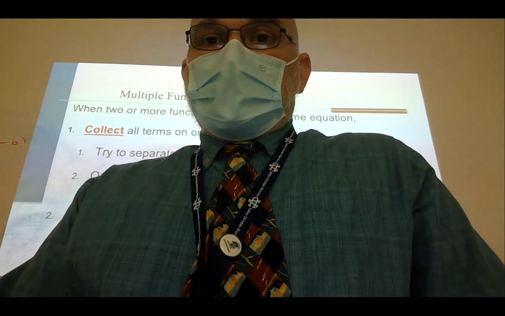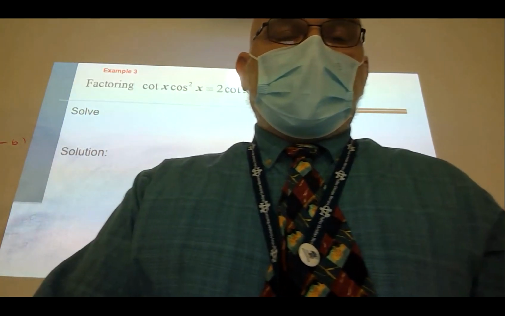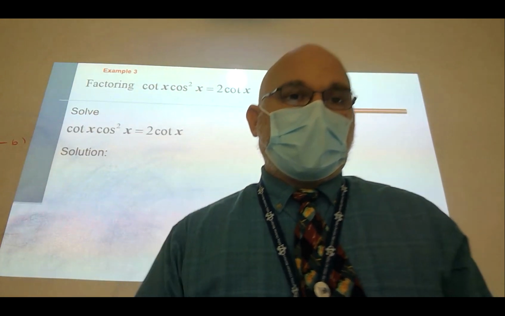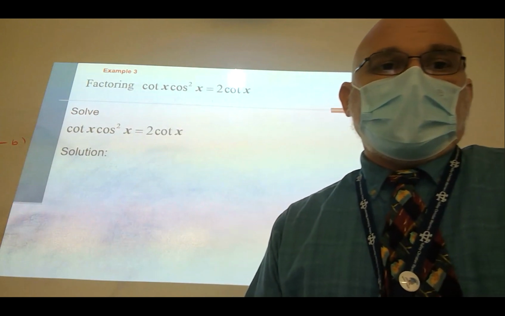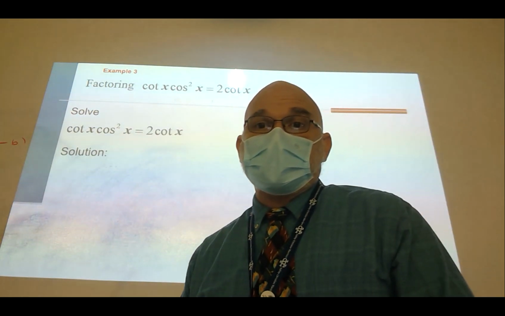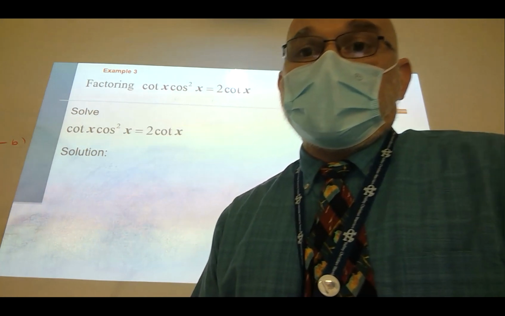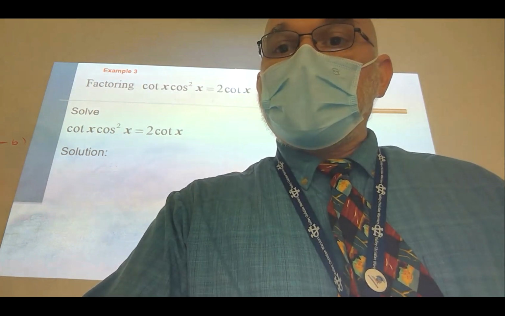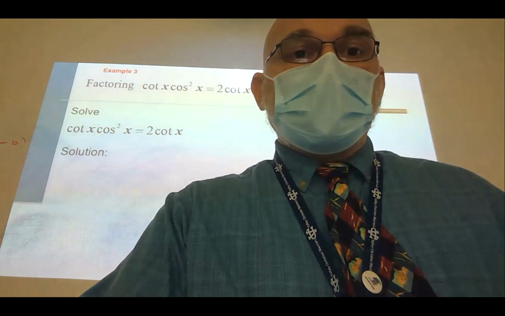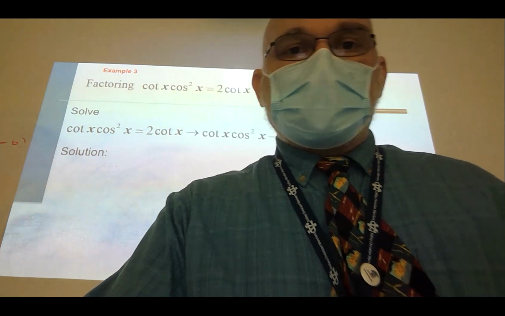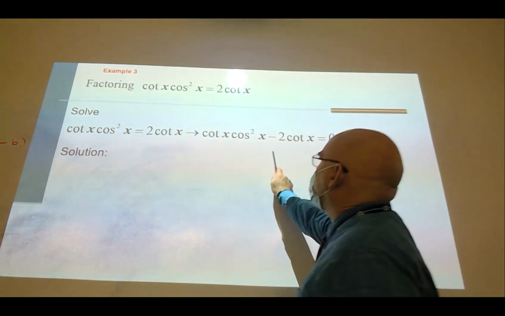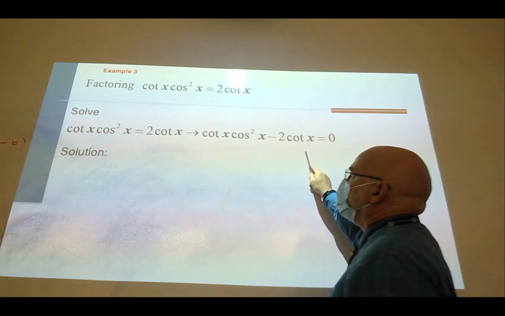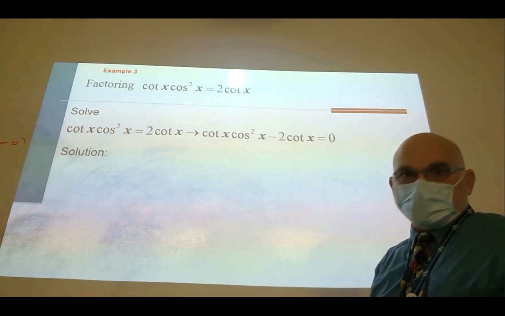So we have to check. All right, here's one that looks a little bit ugly. I want to solve cotangent of x times cosine squared of x equals 2 cotangent of x. The first thing I want to do is combine all the terms on one side of the equation. I'm going to subtract the 2 cotangent of x from the left side and set that equal to 0.